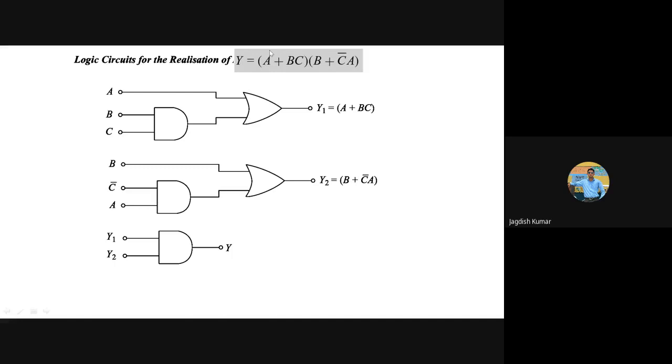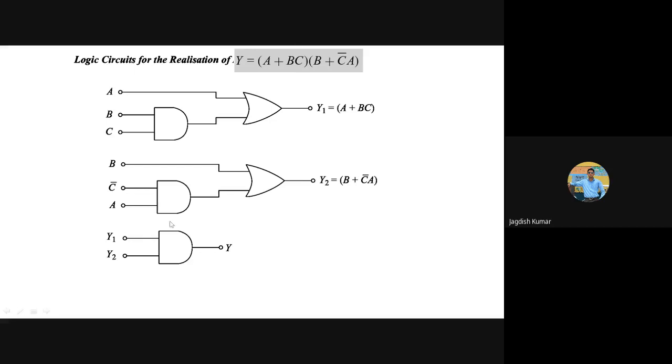But there is something important to note here: this gate is in series with this gate. This AND gate is in series with this gate. The same is the case here. And this AND gate is in series with both of them.